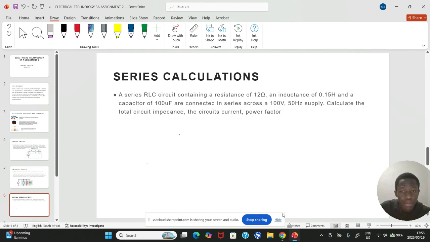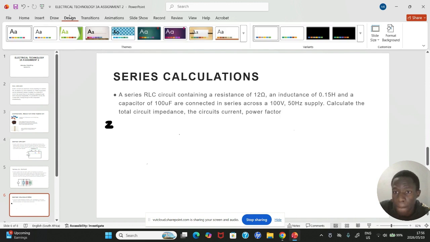So what's the next step? Since we know the formula for the total impedance of the circuit, impedance equals the square root of resistance squared plus the difference of reactances squared.